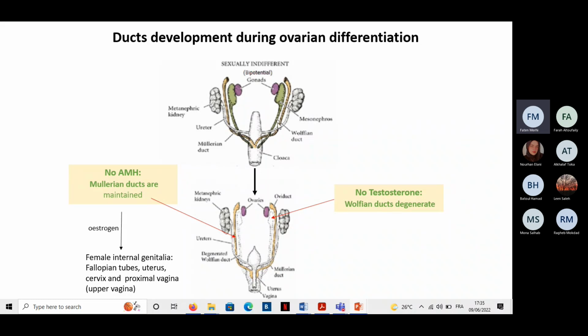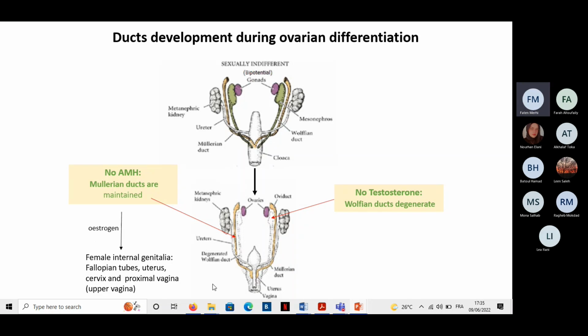And since we don't have Sertoli cells, we don't have AMH production. In the absence of AMH, the Mullerian ducts will be maintained and they will develop to give the female internal genitalia. So they will develop to give the fallopian tubes, the uterus, the cervix, and the proximal vagina. The proximal vagina is the upper part of the vagina.